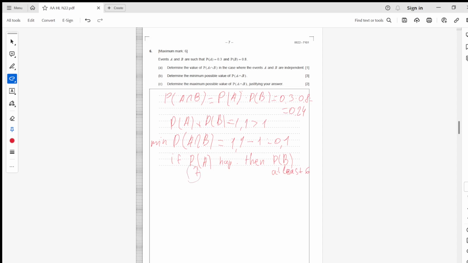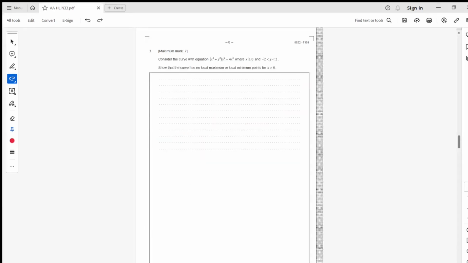If you get a 7, then of course you got at least 6, because 7 is more than 6. So the maximum probability would be just the probability of the event A, which is equal to 0.3. On to the next question.